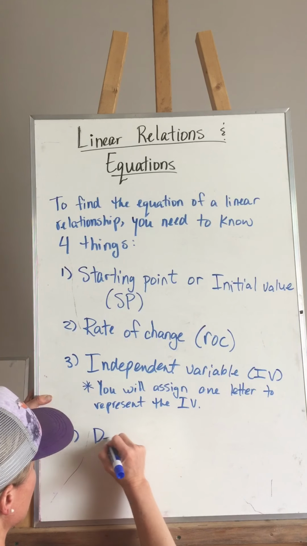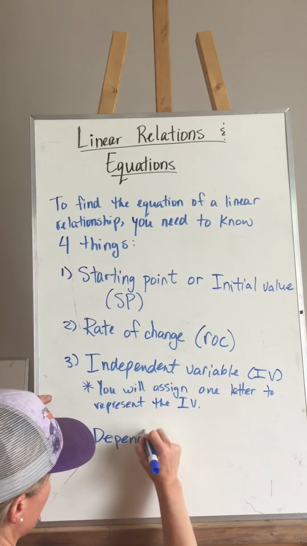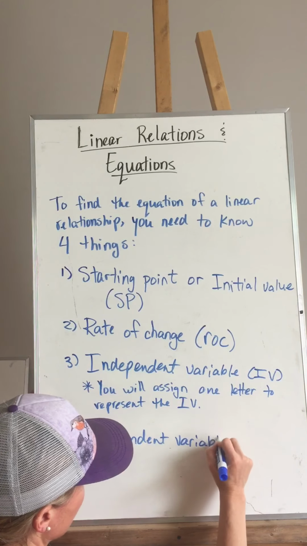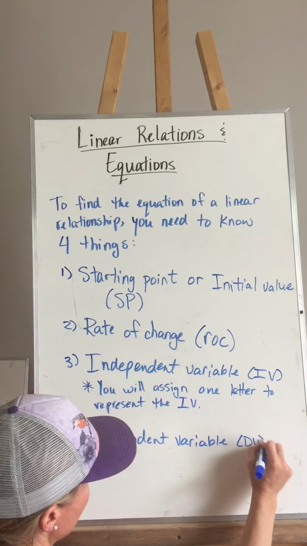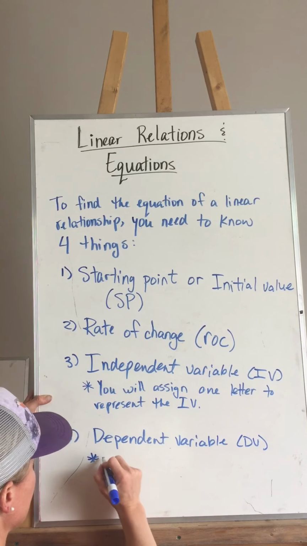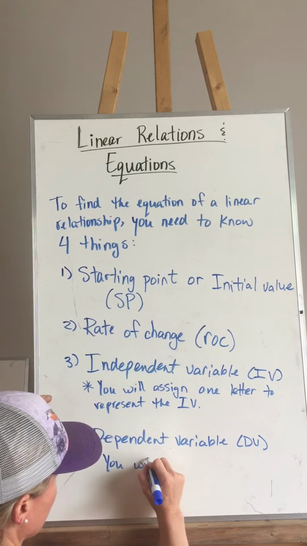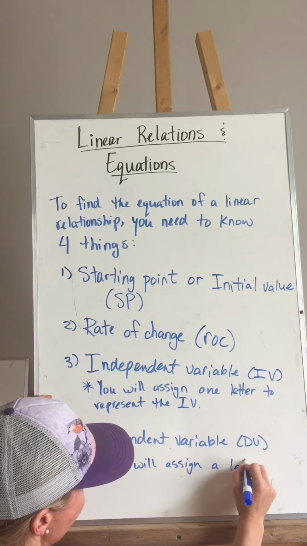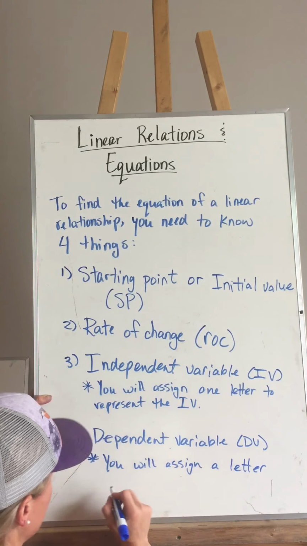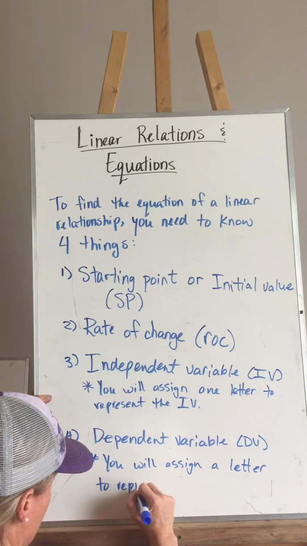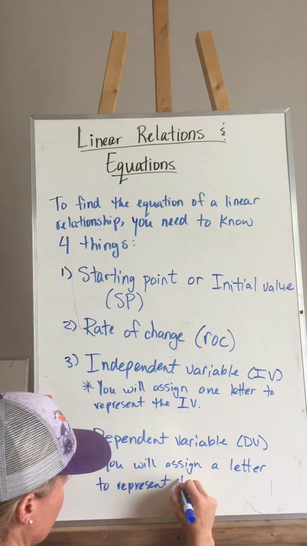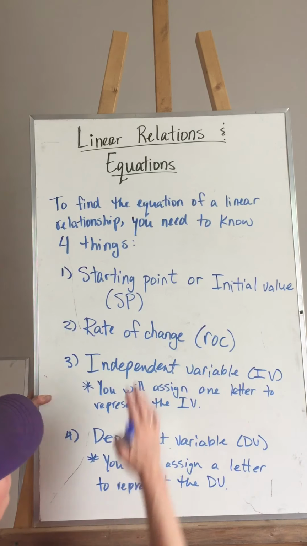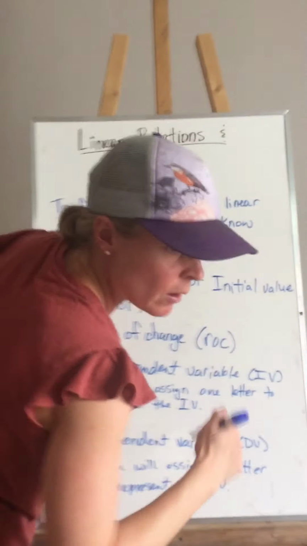The last thing you need to know, the fourth thing, is the dependent variable, what that variable is. And we call that DV. And again, you will assign a letter to represent the dependent variable. So those are the 4 things you need to know.